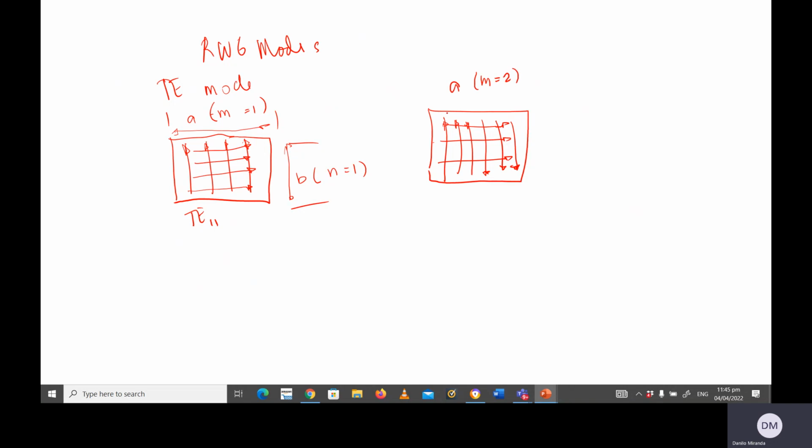Dalawang grupo yan eh. Ito isa lang to. This is your B, your N is equal to 1. So this is now your TE 2, 1, TE 1, 2, 1, TE 2, 1.